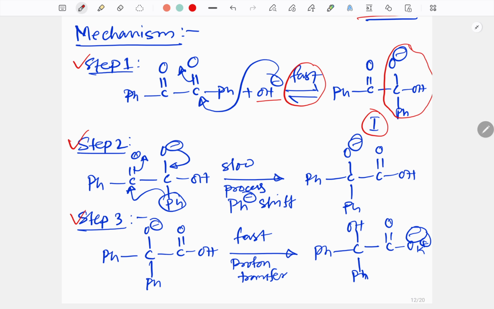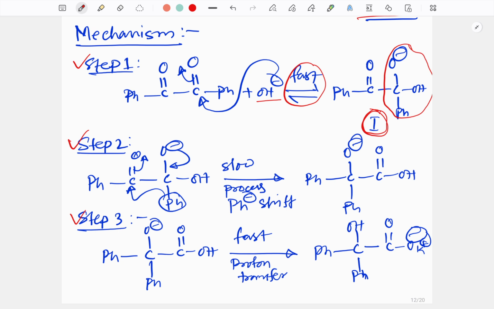Now coming to step 2. In step 2, in the intermediate formed in step 1, a 1,2 nucleophilic shift of the phenyl group takes place.